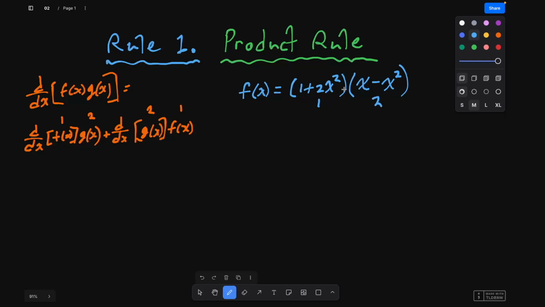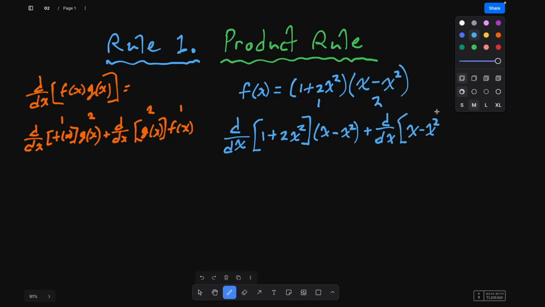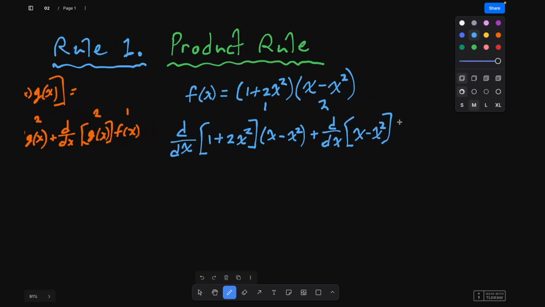So we have the derivative of this is equal to the derivative of our first. Again, looking back at our formula here, the derivative of our first, which is 1 plus 2x squared, times our second, x minus x squared, plus, we have a plus here, the derivative of our second times our first.